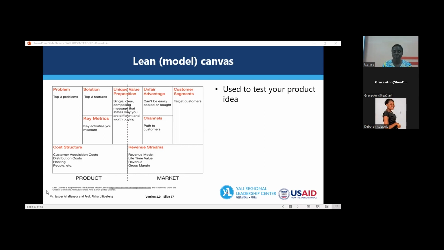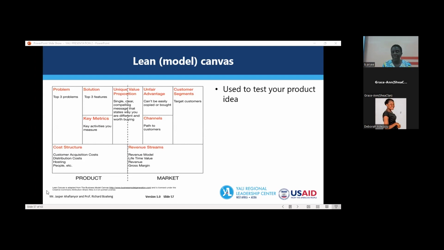The last one I want to talk about is the unfair advantage. So as an idea, Grace, when you were starting, you had your 3 problems and your 3 solutions and your short, compelling statements that tell everybody why you are different from the others and why they should buy from you.